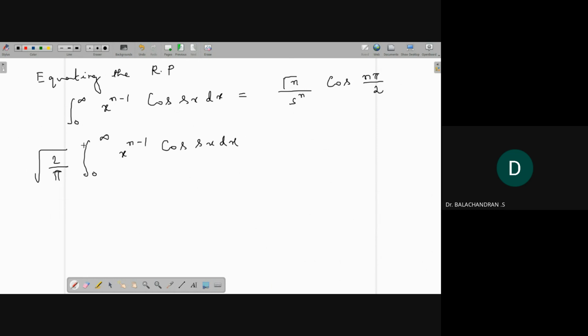Then only you can write this is the Fourier cosine transform of x power n minus 1. That's why I'm going to multiply root 2 by pi. If I multiply the left hand side, I should multiply the right hand side also: root 2 by pi gamma of n by s power n cos n pi by 2.